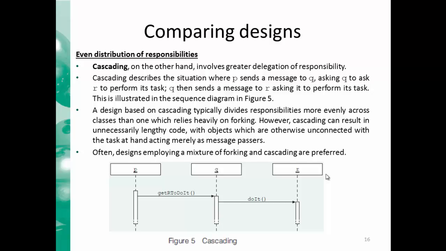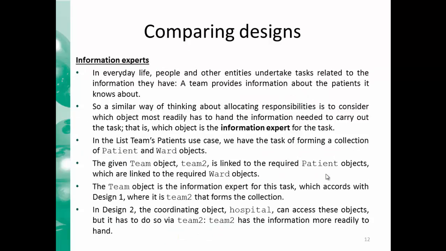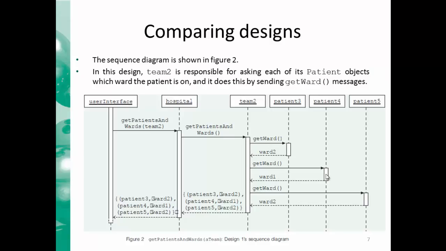Cascading describes a situation where P sends a message to Q, asking Q to ask R to perform its task. So it doesn't ask for R, it asks Q to communicate with R and get the job done. And this is very much matching our design 1.